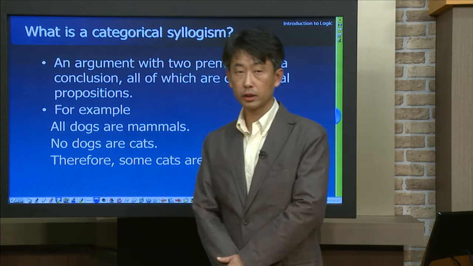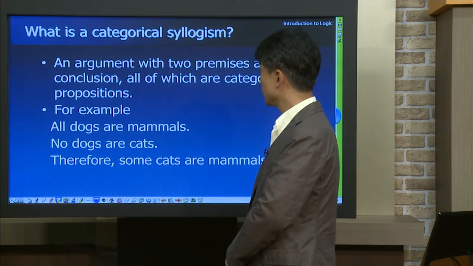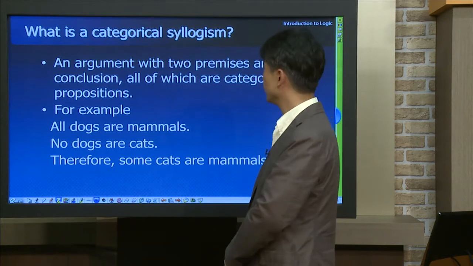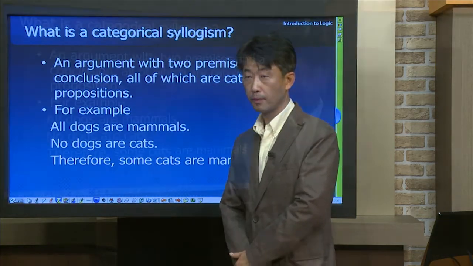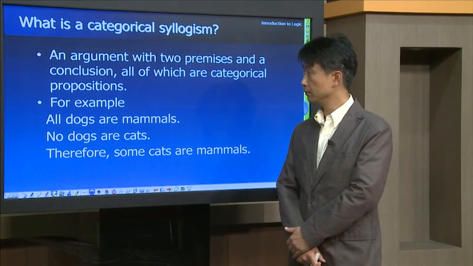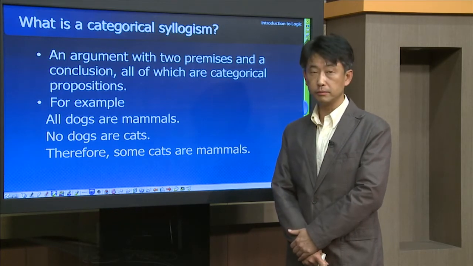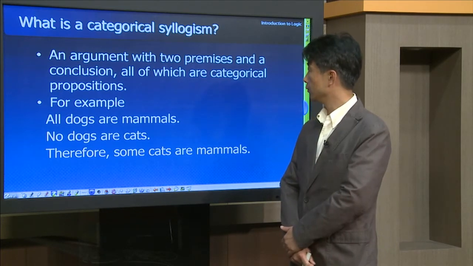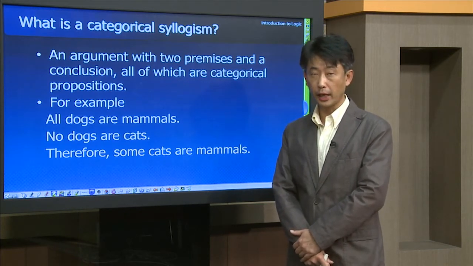What is a categorical syllogism? A categorical syllogism is an argument with two premises and a conclusion. And that is a syllogism. A categorical syllogism is nothing but a syllogism with categorical propositions as premises and the conclusion.